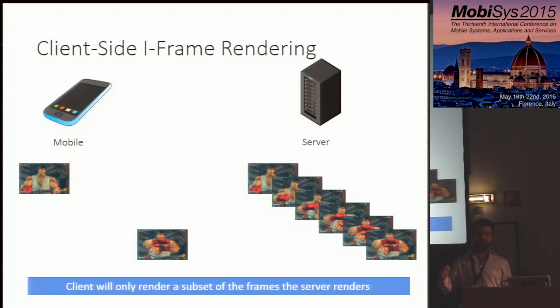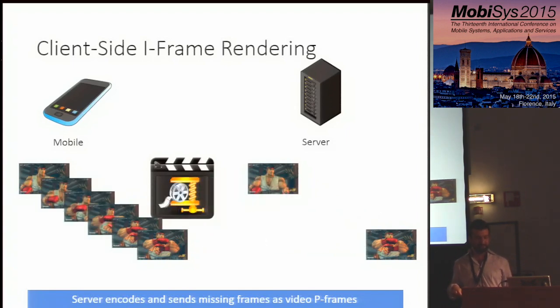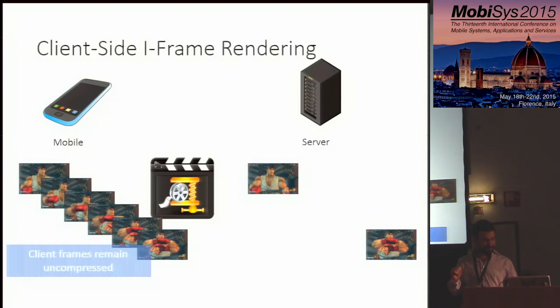But this is not a problem because the server will encode all the frames that are missing as p-frames and send them to the client. That way the client will get all the frames again. Something that is important is that the client frames will remain completely uncompressed and completely free of any kind of compression artifact. That will allow the p-frames to compress much more, and we will get a better overall quality or compression level.